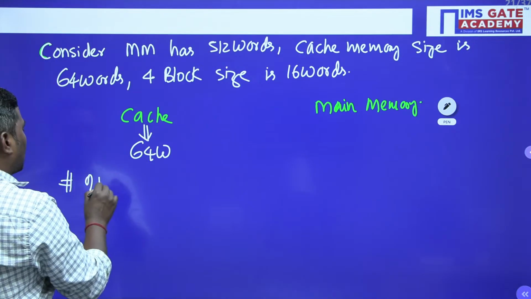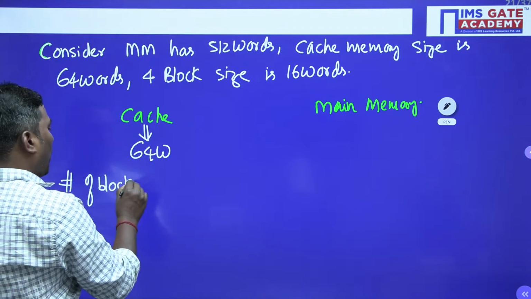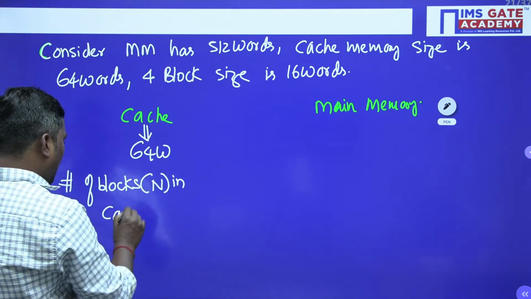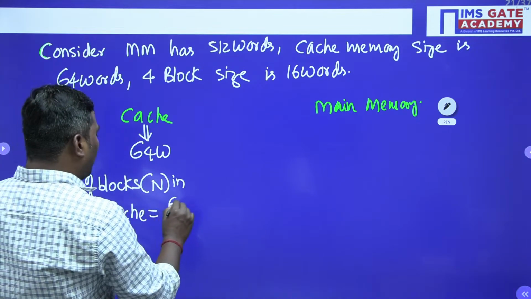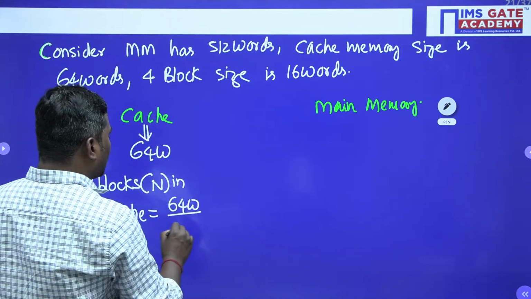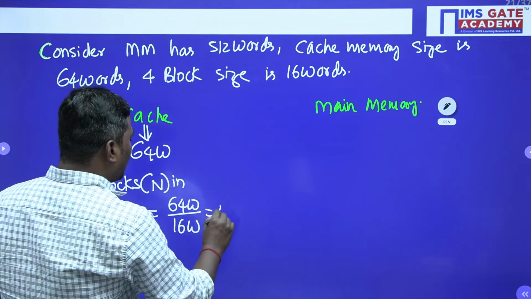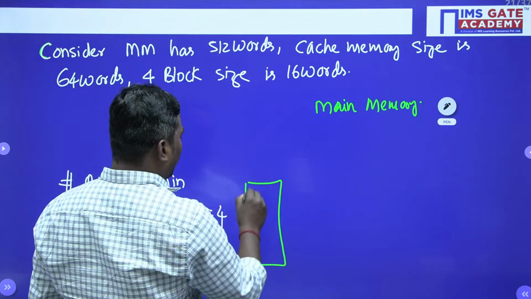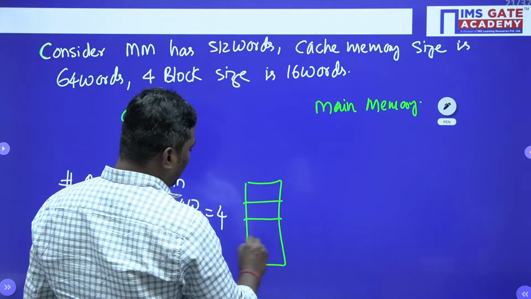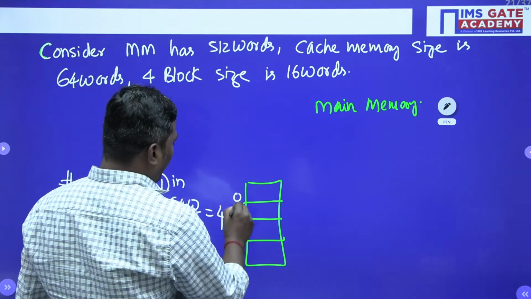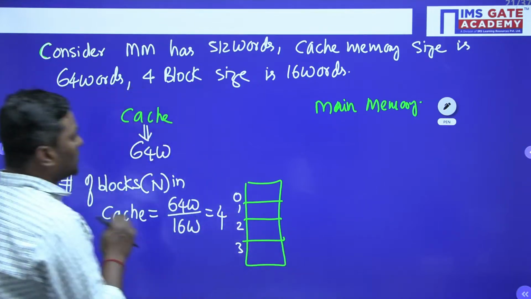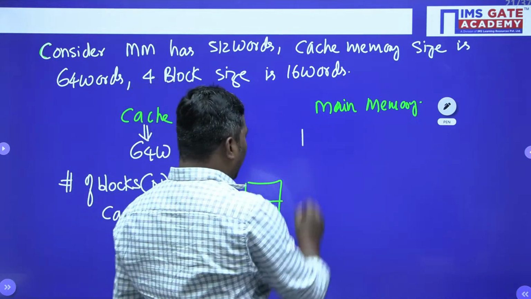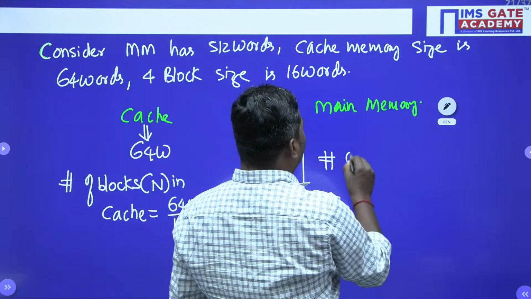So the number of blocks, I am indicating capital N, in cache memory: 64 words divided by the block size of 16 words gives 4. This is a cache memory with block numbers 0, 1, 2, 3. I hope you understand.